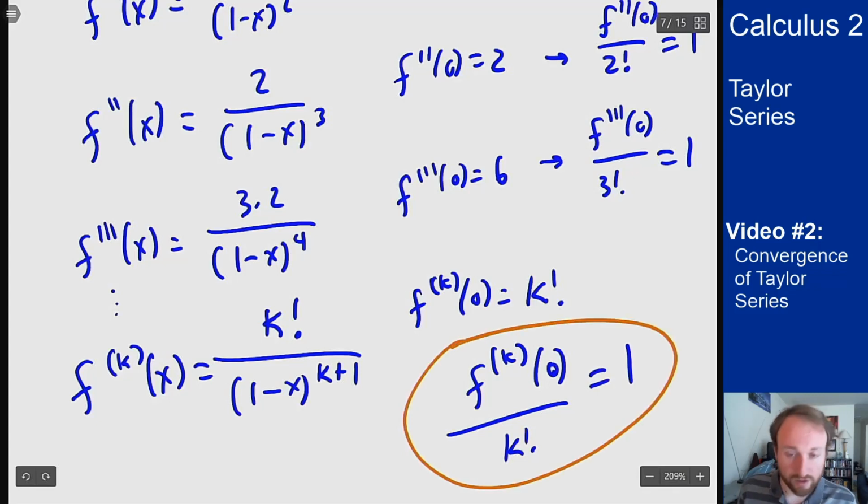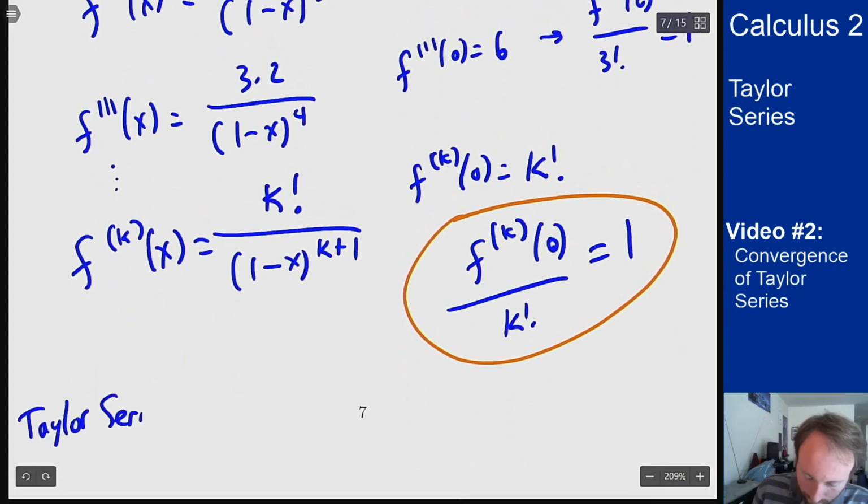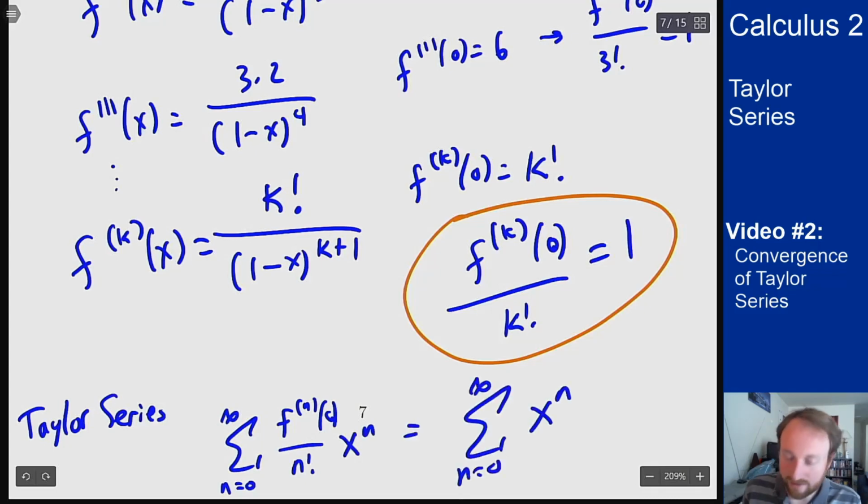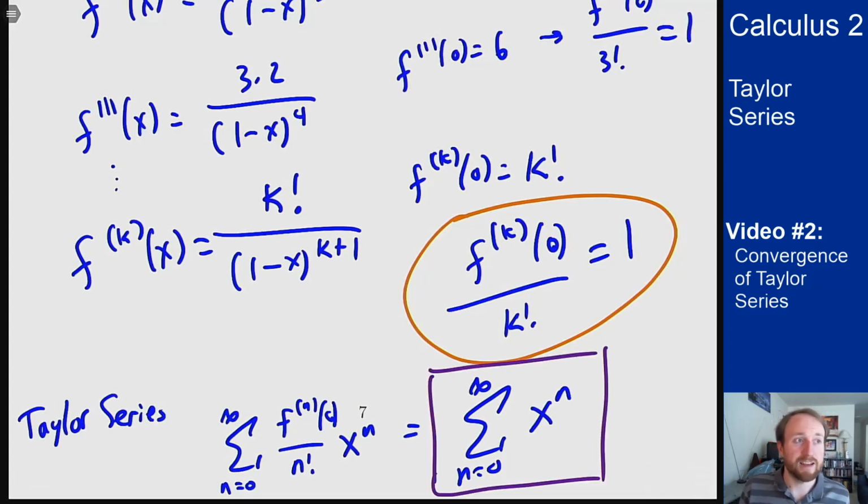And this holds for all k. So what does that mean? That means the Taylor series for this function, centered at 0, is the sum n from 0 to infinity of the nth derivative at 0 over n factorial times x to the n, which is exactly just x to the n because all those coefficients are 1. That's how one would verify that this is actually the same series.